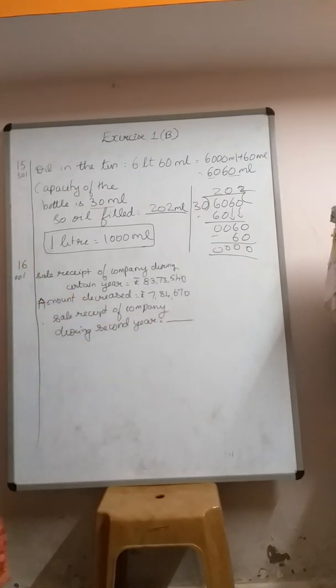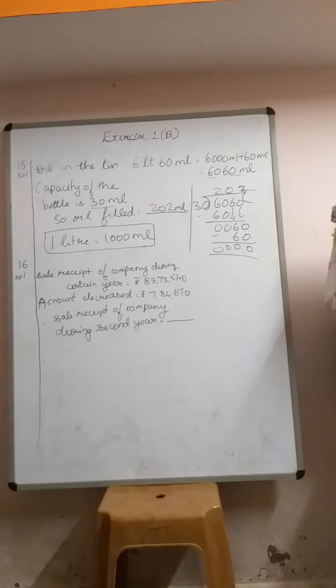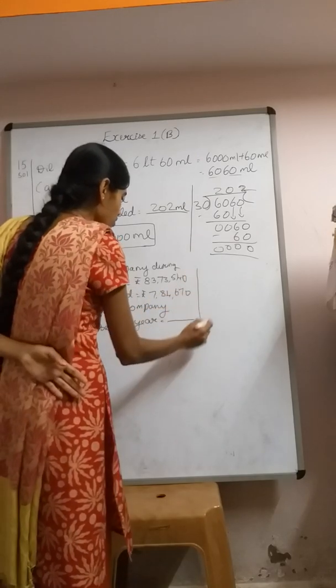As this is our first question, let us see what is the sale receipt of the company during the second year. We need to minus the numbers of the certain year and decreased amount. So let us do that in the solution box.